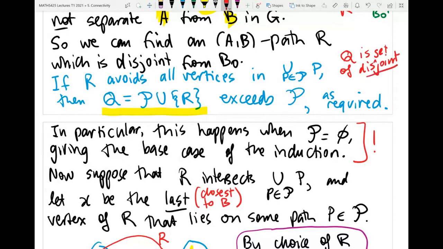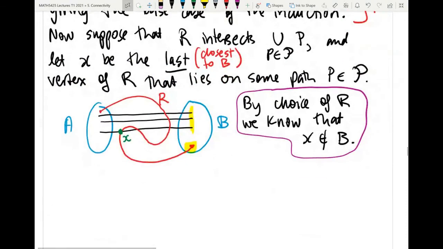And if we just throw in R without worrying about it, we won't have that. Does that make sense, Evan? So I've said that for my stronger statement, because we want a set of disjoint AB paths at the end, we're going to keep that going throughout the proof. Therefore, yeah, okay, cool. So we do have to worry about that.